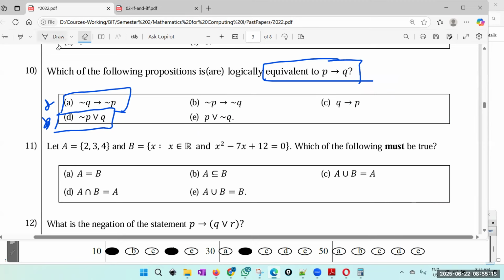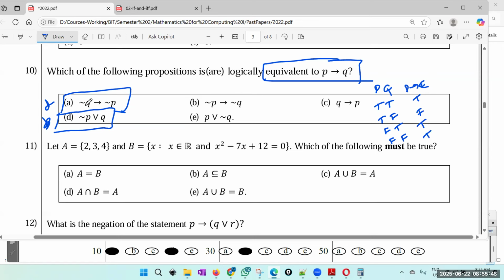For example, I will do it for A because this is a correct answer also, right? So what is the truth table for P implies Q? This is P, this is Q: true, true, true, false, false, true, false, false. Then P implies Q is, by logical definition, true, false, true, true.